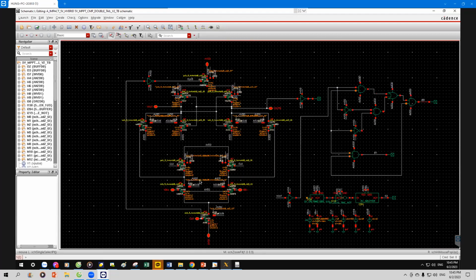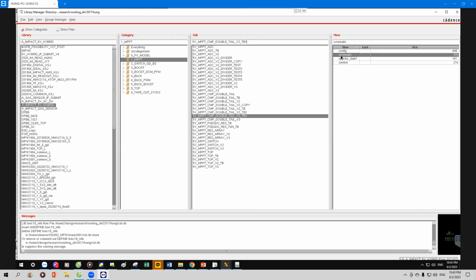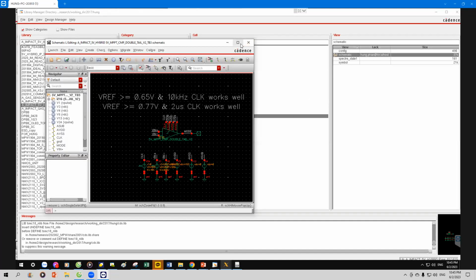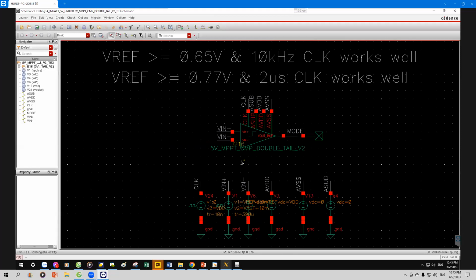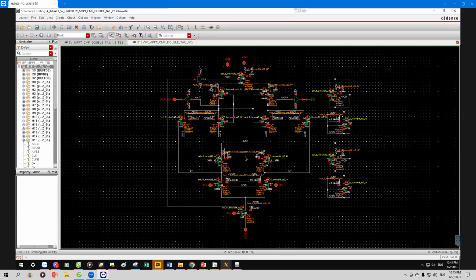Comparator like this. Do you see it? It is quite here. So what you need to consider is just the input and the output, right? The circuit inside like this.